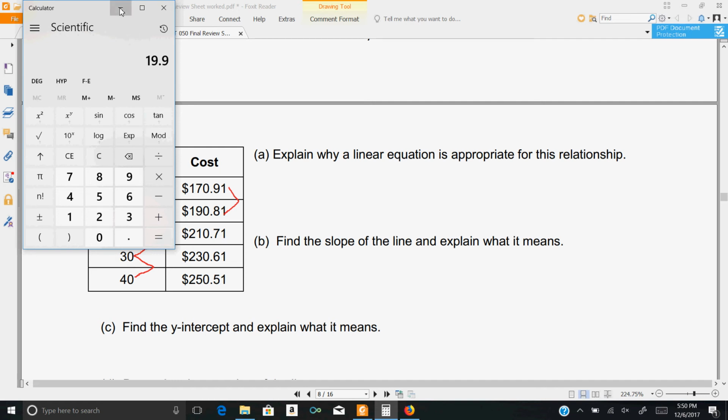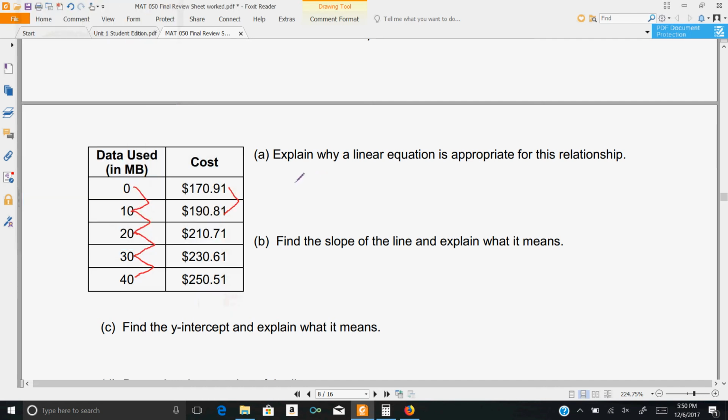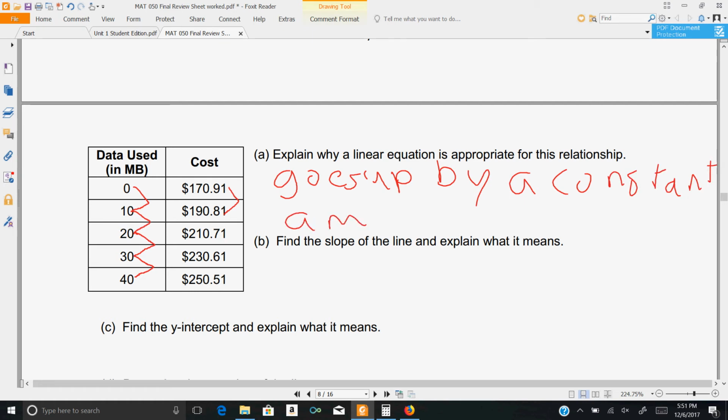If you want to show that on your worksheet, that helps, but the main thing you want to say is that it's a linear relationship because it goes up by a constant amount. And again, on your paper, you won't have the problem of writing on the screen. You can write that entire sentence out.